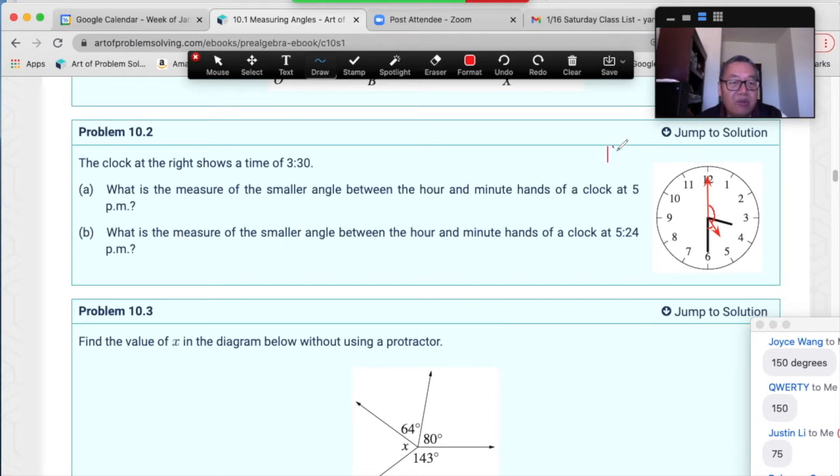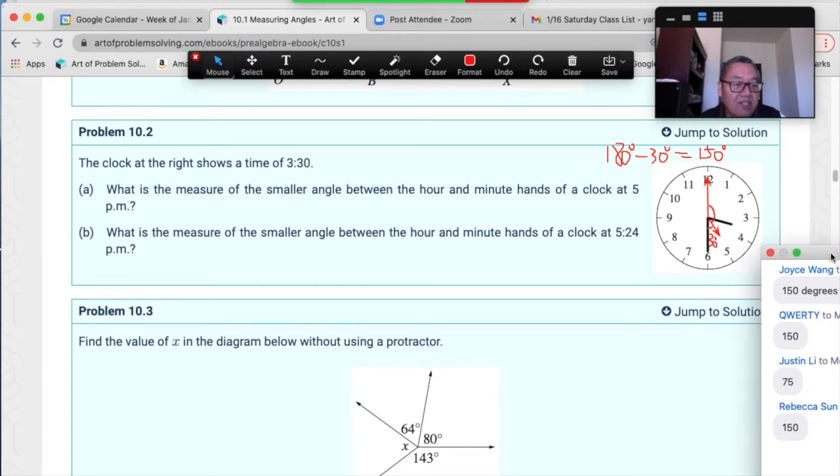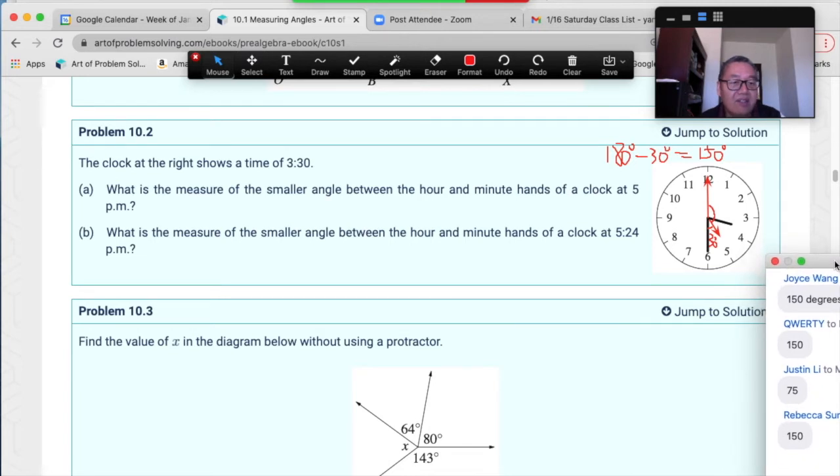So you use 180 degrees minus 30 degrees, then you get 150 degrees. Okay, this is a little bit easy. So Joyce correct, Eric correct, Rebecca is correct. Now Justin, you need to double check your answer.